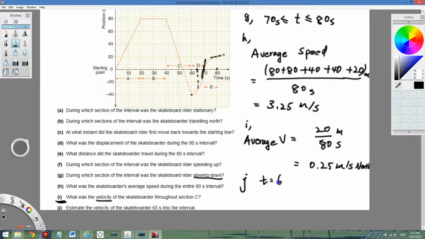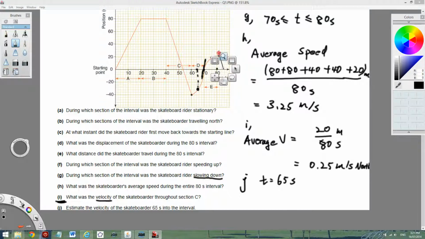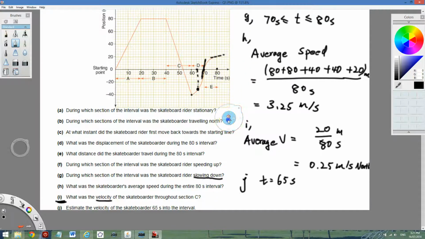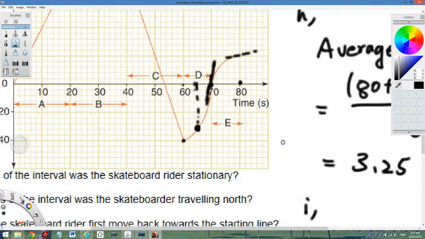So when the time is 65 seconds, at that instant, what is its velocity? We have its position graph here. What we need to do is find the gradient. It says estimate, so it doesn't have to be very accurate.